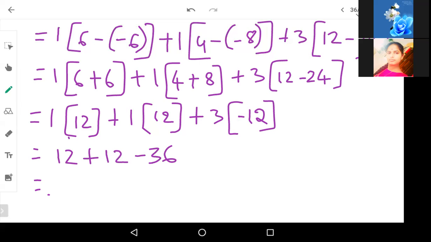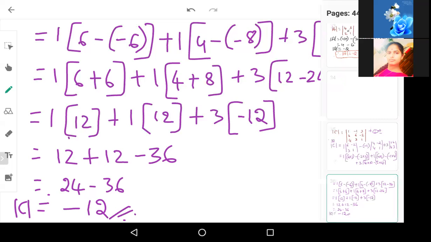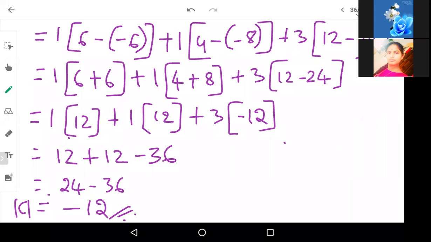So 12 plus 12 is 24 minus 36. You will be getting minus 12 as the answer. So therefore determinant C, this was determinant C, right? Determinant C value is nothing but minus 12.